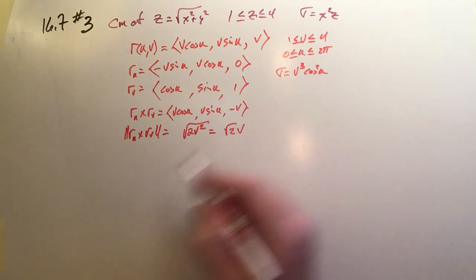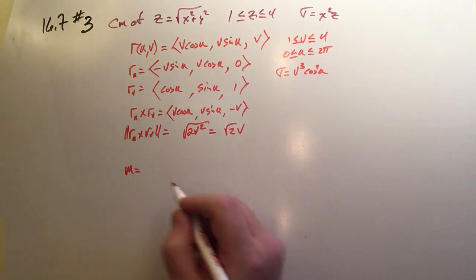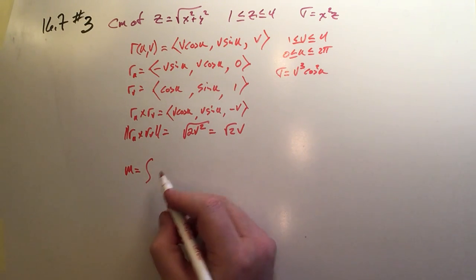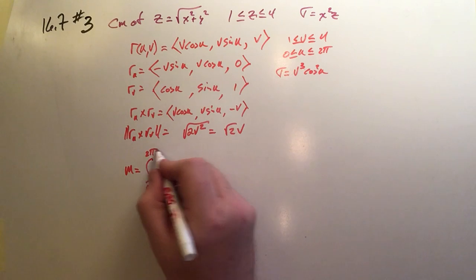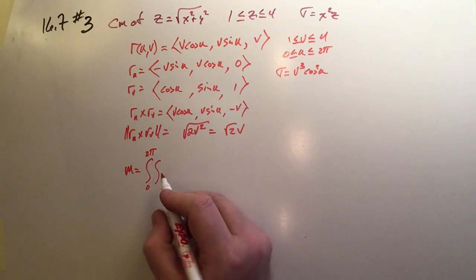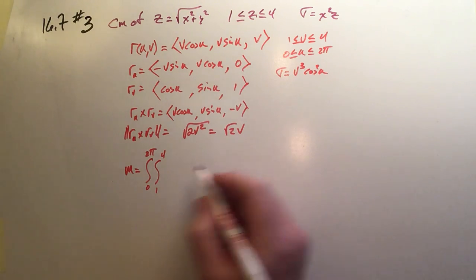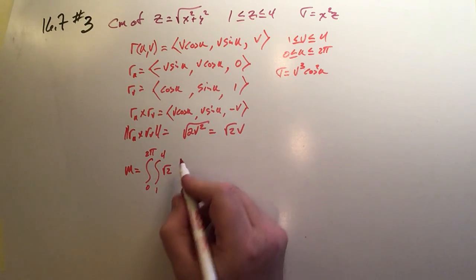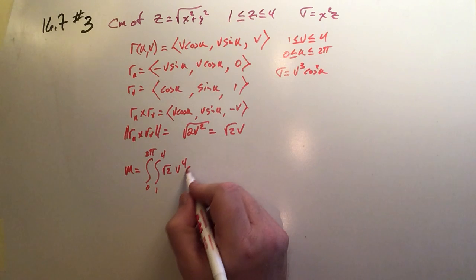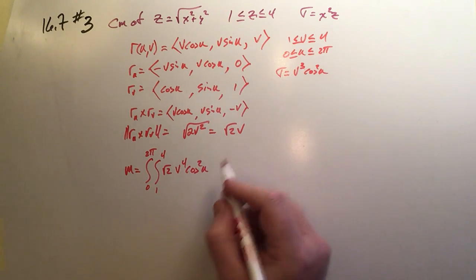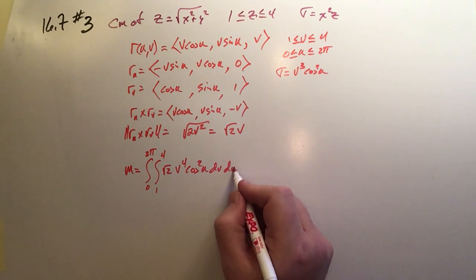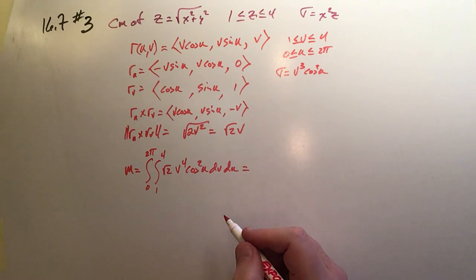There's our sigma. So our m integral is going to be the integral from 0 to 2 pi in u, and 1 to 4 in v, and the argument's going to be radical 2 v to the 4th cosine squared u dv du. And this turns out to be pretty messy by the time we're all done.